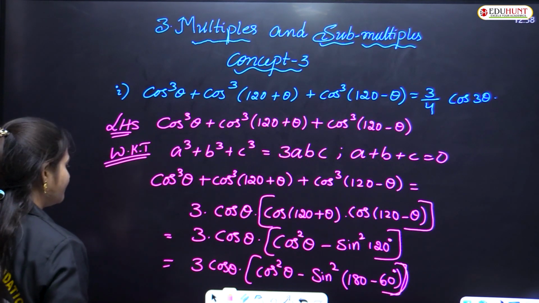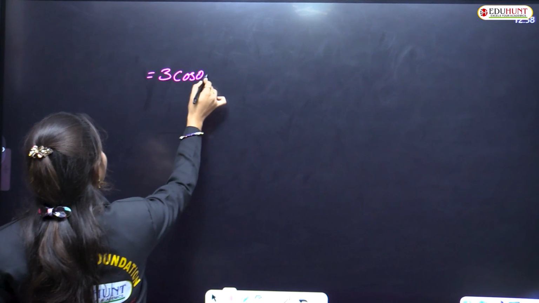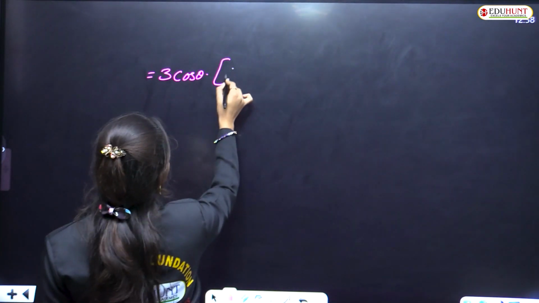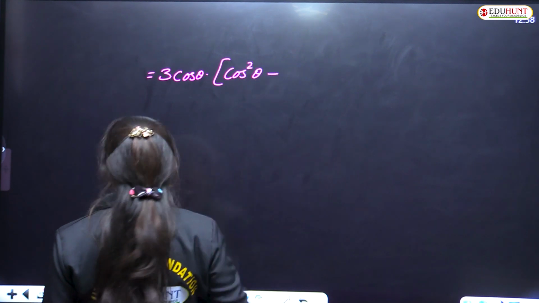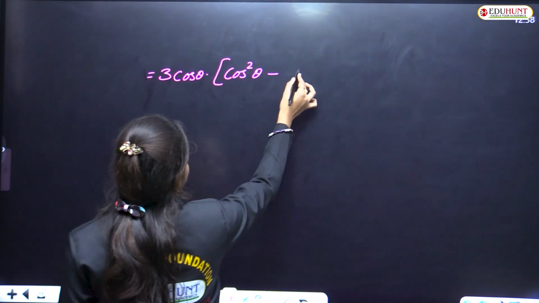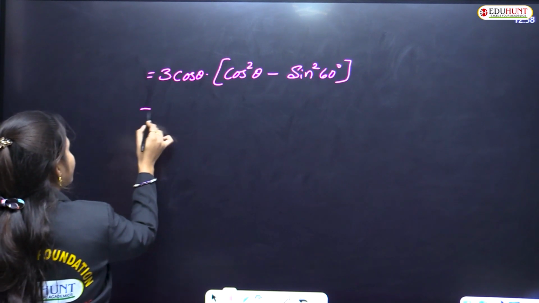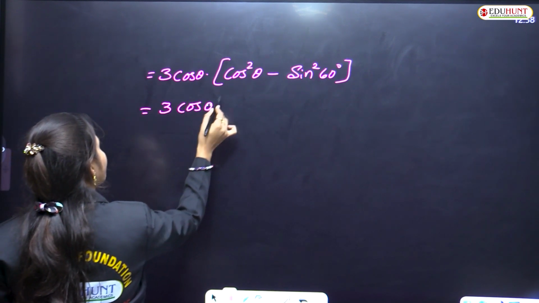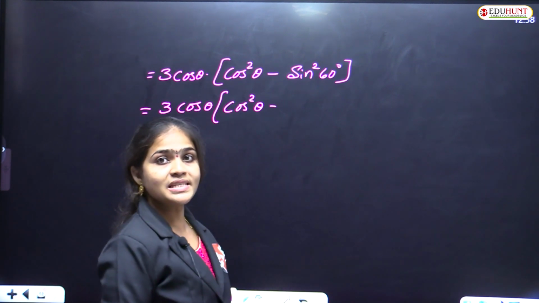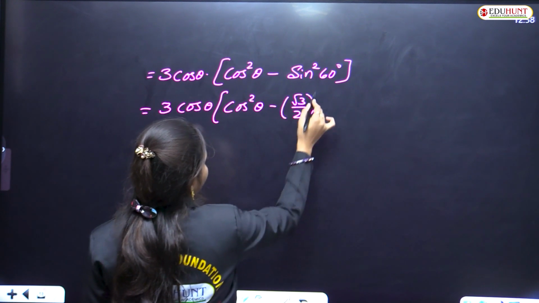So it equals 3 cos theta into cos square theta minus sin square 60 degrees. What is the value of sin 60 degrees? Root 3 by 2, whole square.